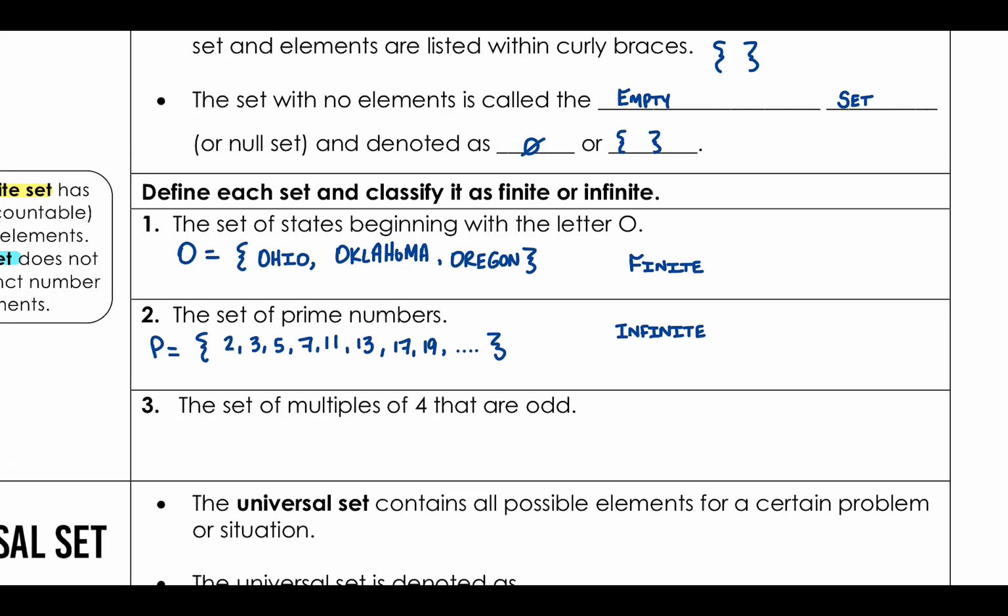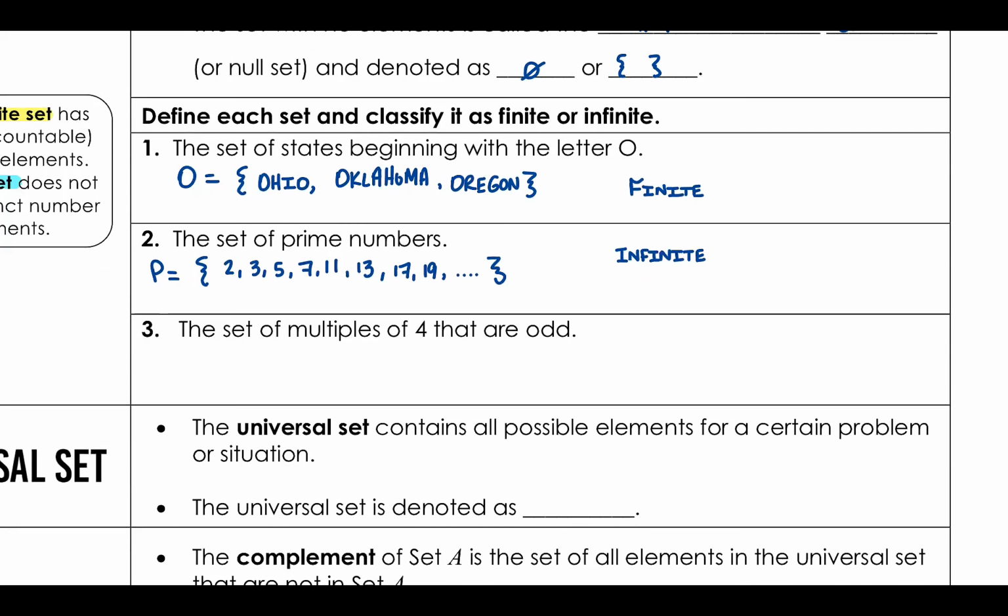And then our final one, set of multiples of 4 that are odd. Well, that seems like an odd question. So multiples of 4, what do we got? If we have just multiples of 4, we got 4, 8, 12, 16, 20. When we look at those sets, no matter what happens and no matter how we do it, there will never be a multiple of 4 that's an odd number.